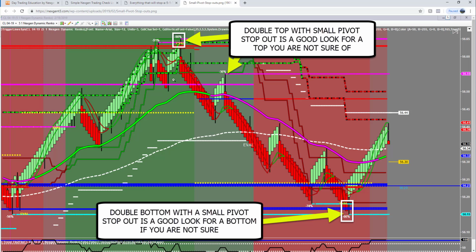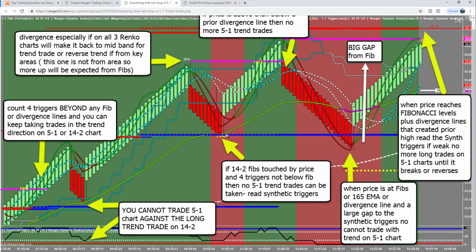When you retest it, you're going short. Or if you're at a, again, keep in mind, you have to be at a spot like this on your chart where you have to hit a major area that there's no way in the world that the trigger lines are going to get past it. Then you can take a long trade down here like this.